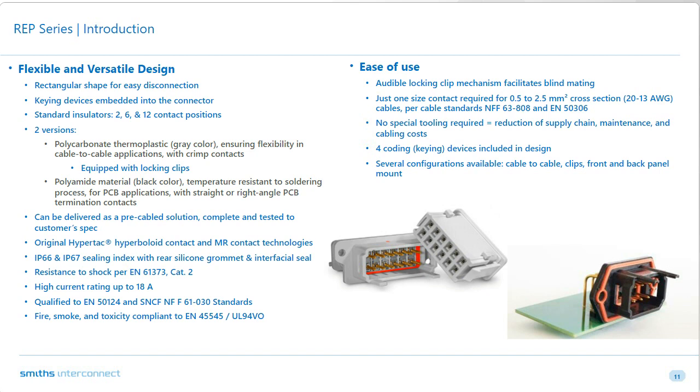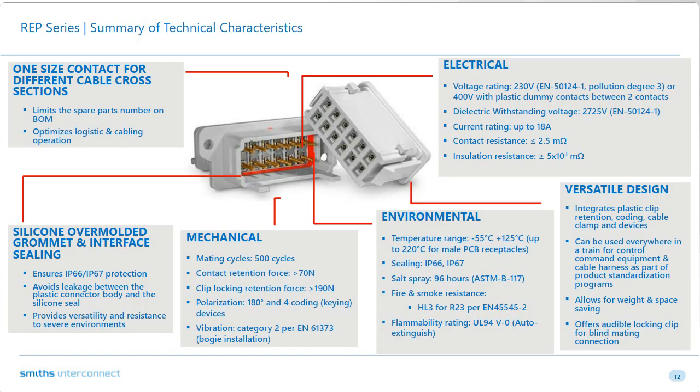It has 4 coding or keying devices included in the design, and has multiple different configurations because you name it: cable to cable, clips, front and back panel mounting, all those different aspects of it. PCB I talked about, all those things have been taken care of in this design. So when you look into the product in a little bit more detail individually, I start with the top left.